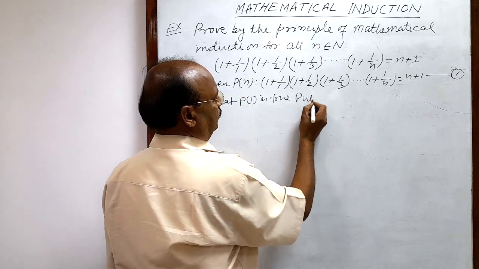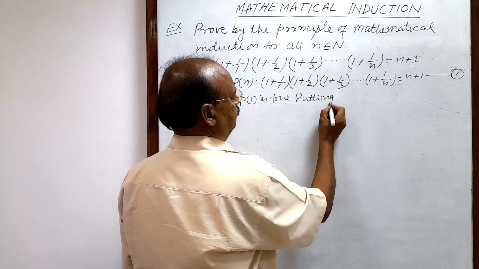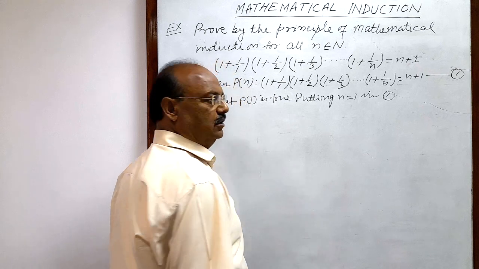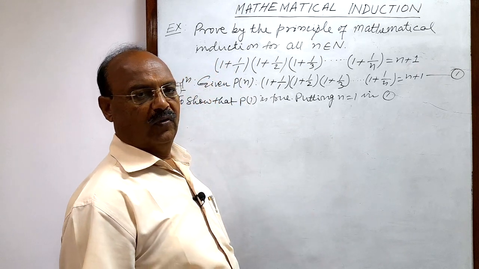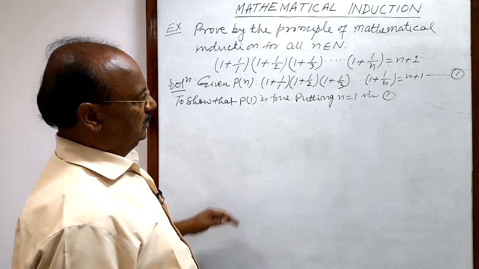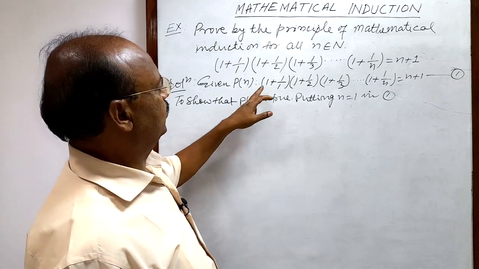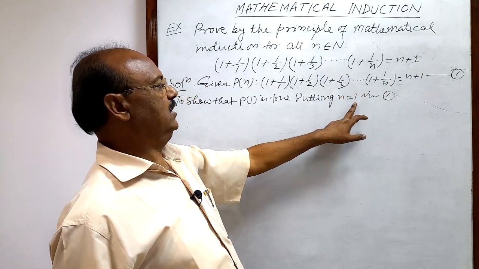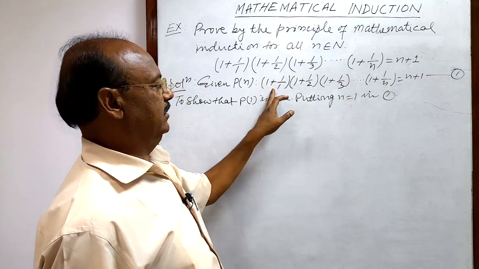And how will we get P1? By putting n equal to 1 in relation number 1. As I told you, the total number of factors is n, but since we are putting n equal to 1, we have to take only the first factor.